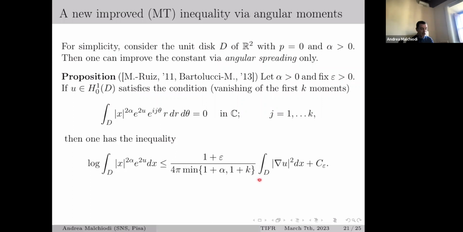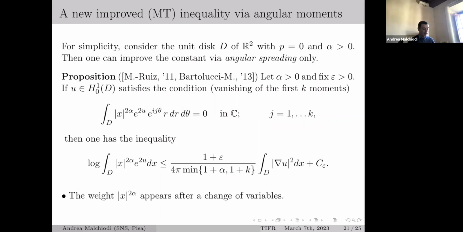But here you can show that the more vanishing moments you have, the more this inequality improves. Eventually you have to stop when k, the number of vanishing moments, is more or less of order alpha.